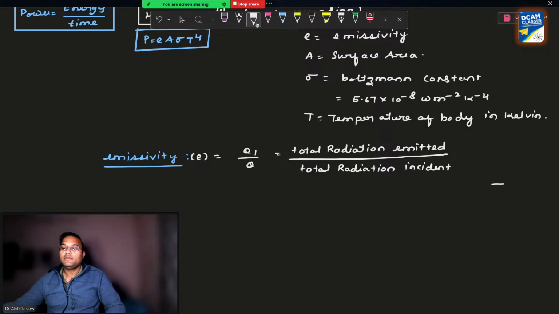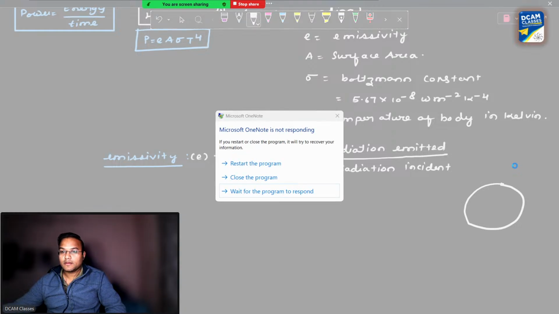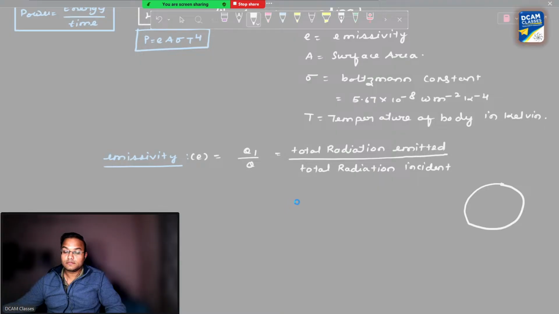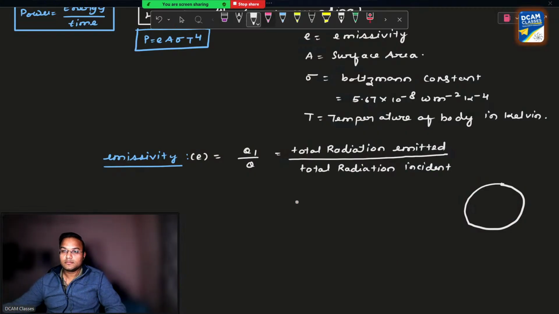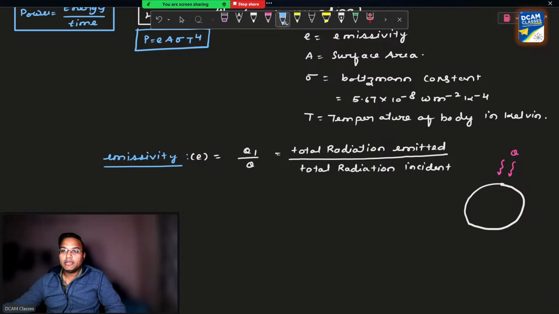See what will be happening. Suppose you have a surface of this kind. Now what will happen? There will be total heat Q which will be incident upon it, and a part of it will be going out, Q1.